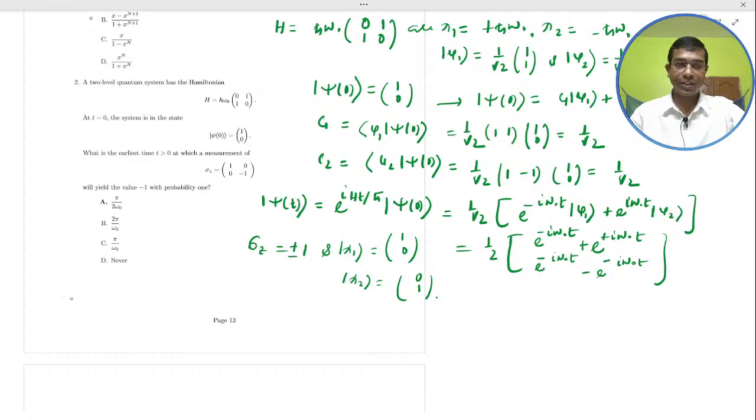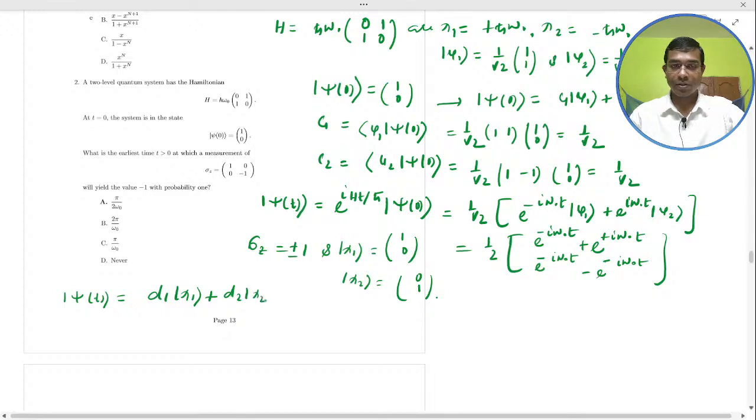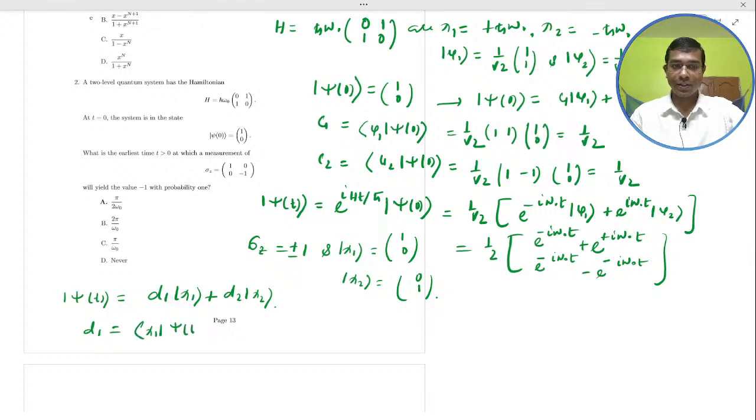So psi t is written in the form d1 chi 1 plus d2 chi 2, where d1 equals bra chi 1 with psi t, and d2, what is this? d1 is e to the power minus i omega naught t plus e to the power i omega naught t.